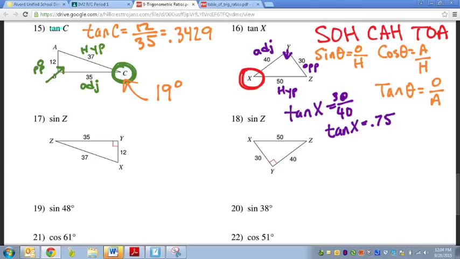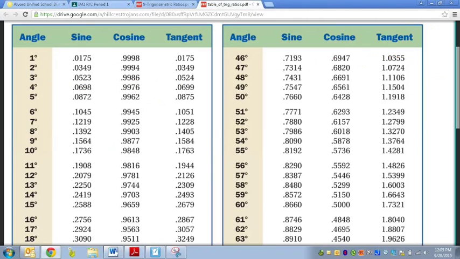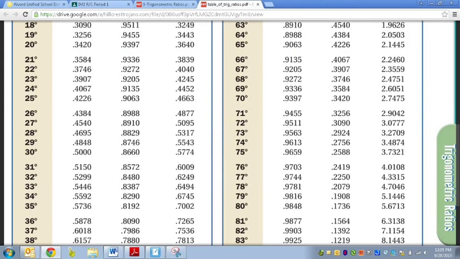Okay, so I go to my table, and now I'm going to look for, in the tangent column, 0.75. So now I'm on my chart. I'm looking for tangent 0.75. Again, I probably need to go to another slide here. Okay, 0.75. Ooh, look towards the bottom. Okay, so I see 0.7536.